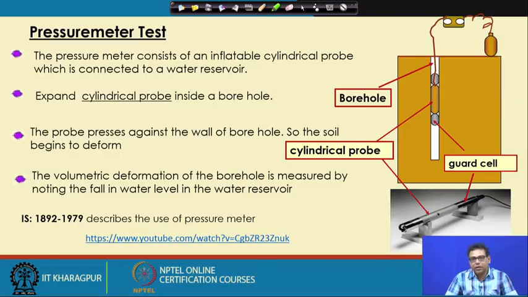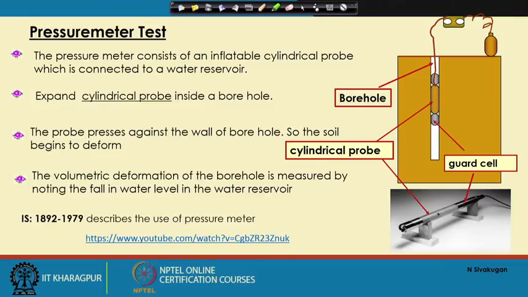So basically we are inserting a cylindrical probe into the borehole, and the probe is attached to a water reservoir, and we apply pressure so that the probe inside the borehole can expand, and it will press the soil wall in the borehole, and the soil will start to deform.